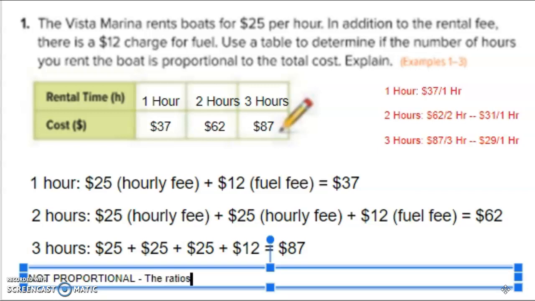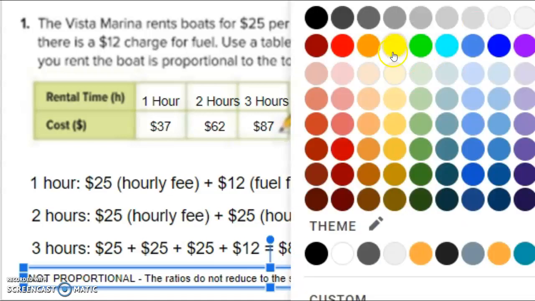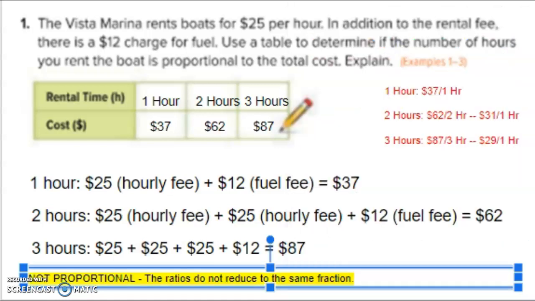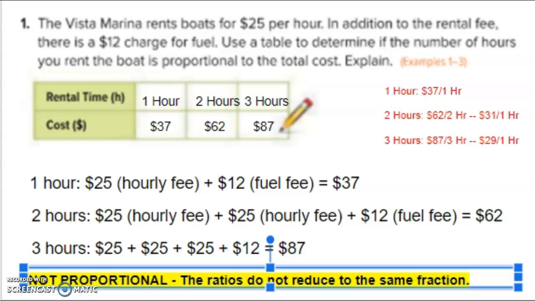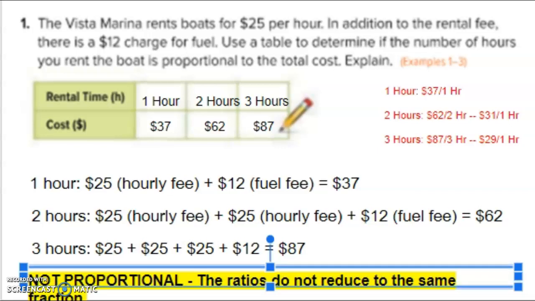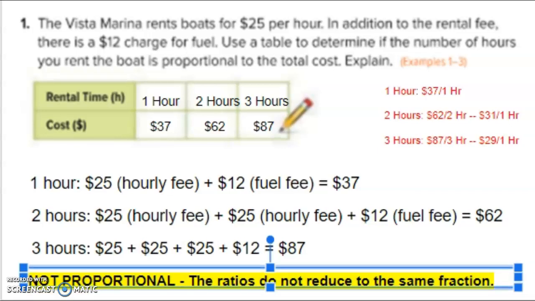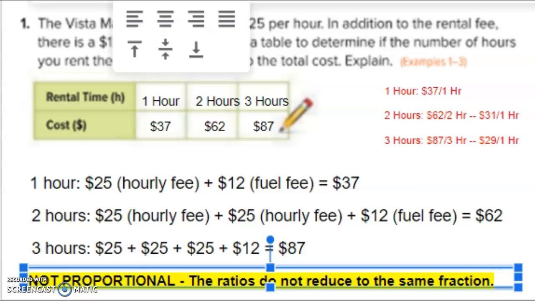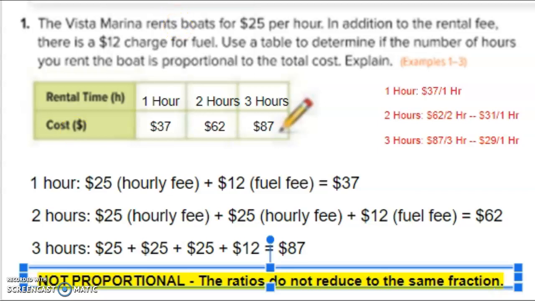Because the ratios do not reduce to the same fraction. I'm going to highlight this in yellow and make it bold and big so that you guys see why it is not proportional.